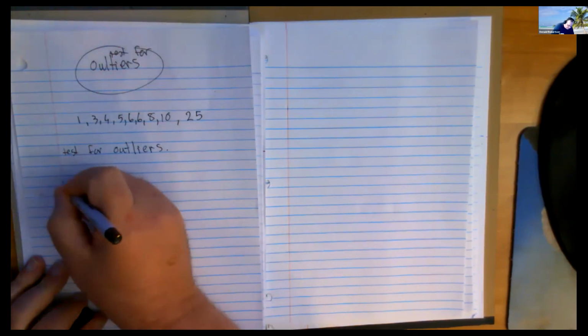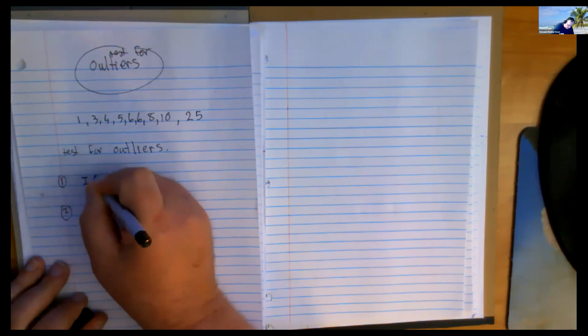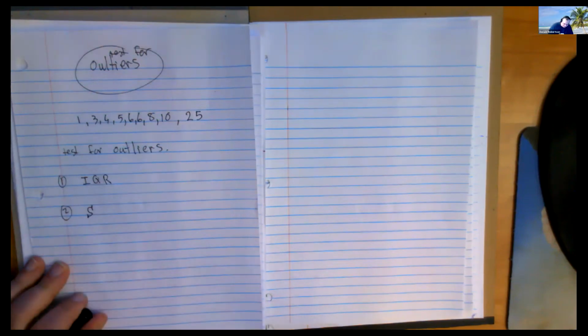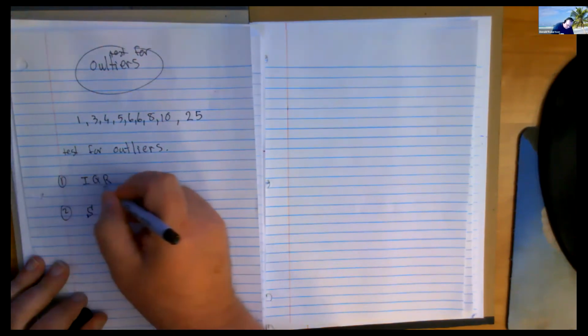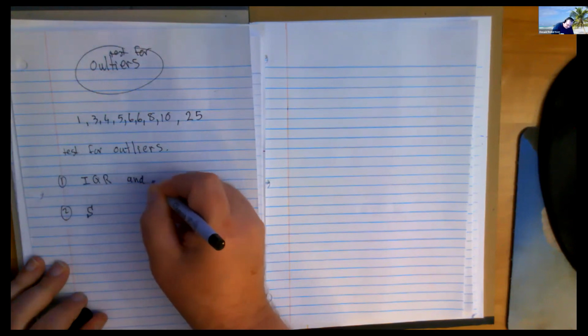I'm going to show you the two tests. One of them uses the interquartile range, and the other test uses the standard deviation. The one that uses the interquartile range uses the interquartile range and the median.